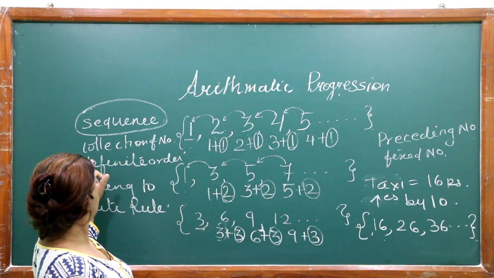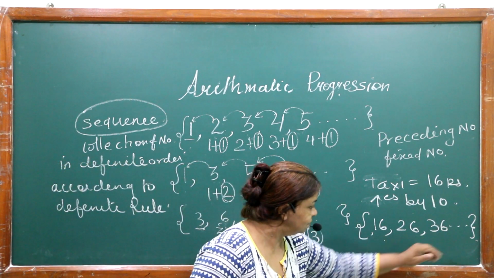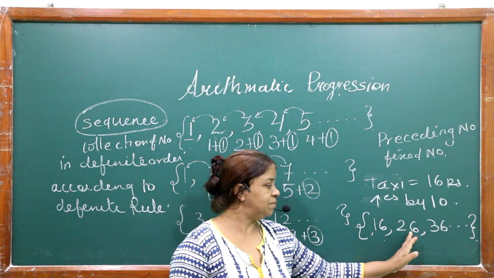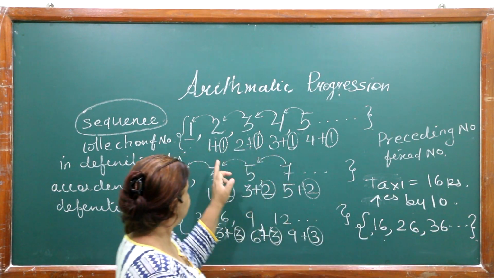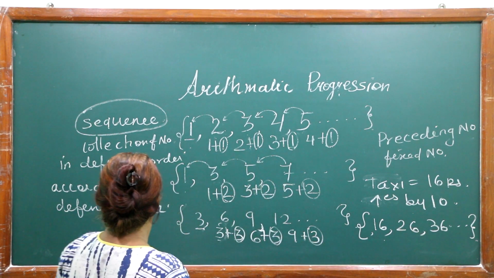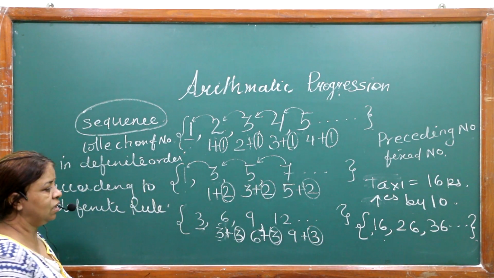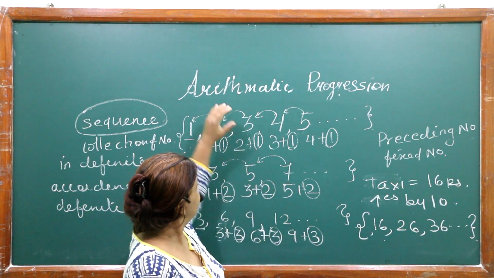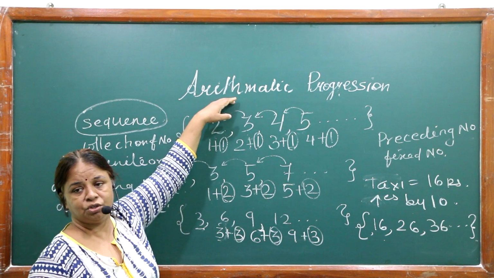So it's a collection of numbers in definite order. Every time a fixed number 10 is added according to a definite rule to get the sequence. And this is nothing but an arithmetic progression only.